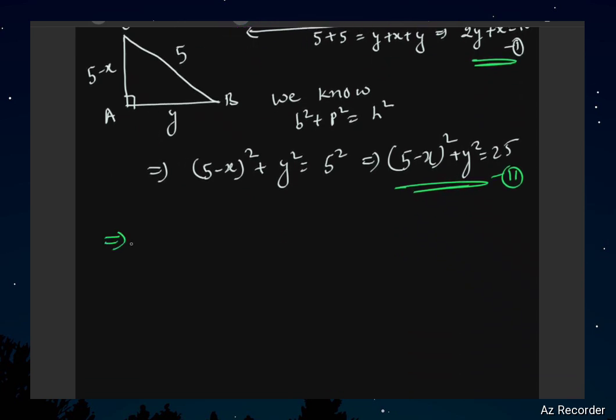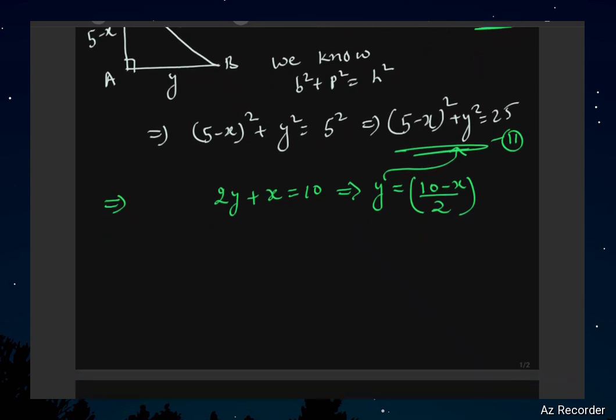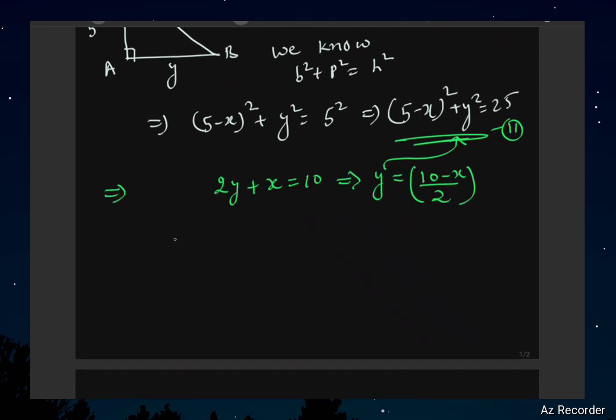Now 2y plus x equals 10, which means y equals (10 minus x) divided by 2. Okay, so this is the value of y. If we substitute this y value in equation 2, we will be left with x, and that x is the side of the square. So (5 minus x) whole square plus ((10 minus x) divided by 2) whole square equals 25.